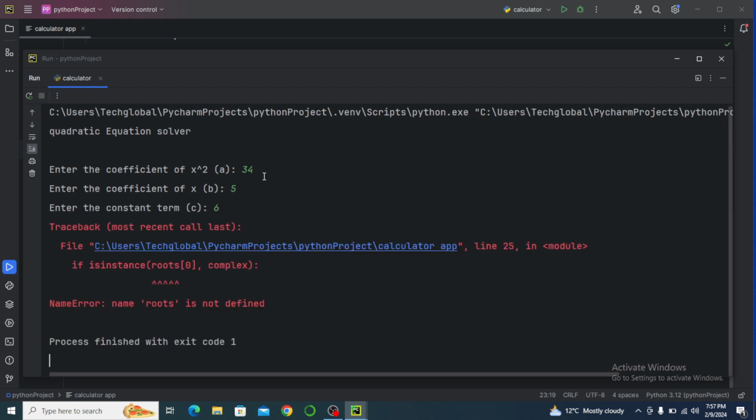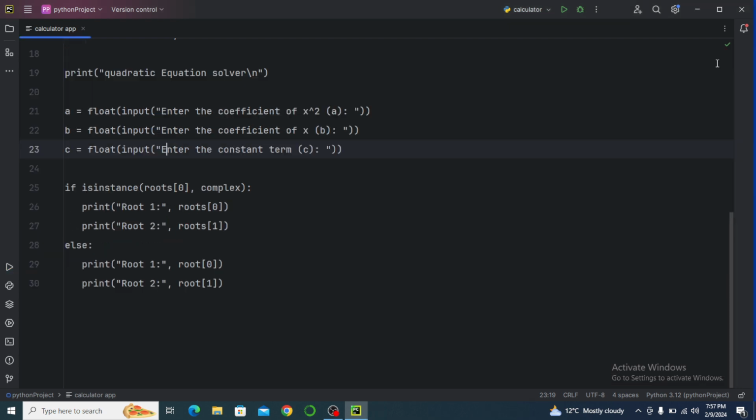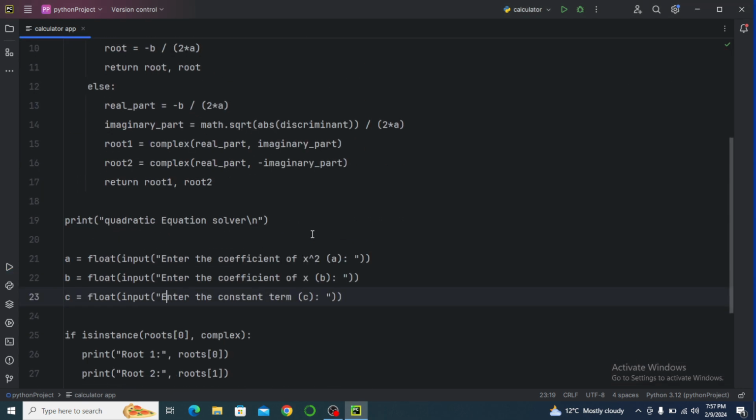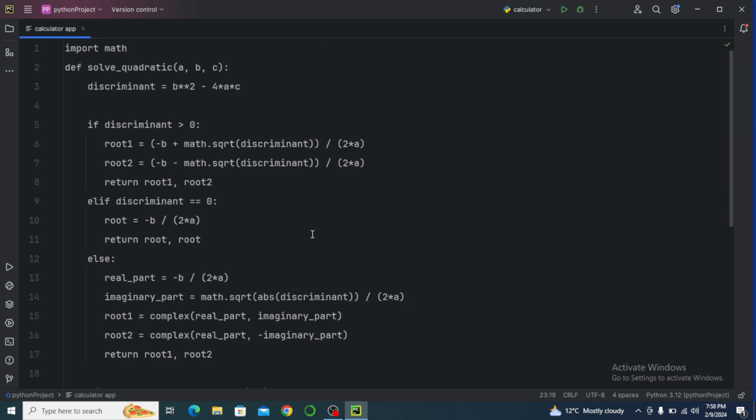It's saying that the root is not defined.